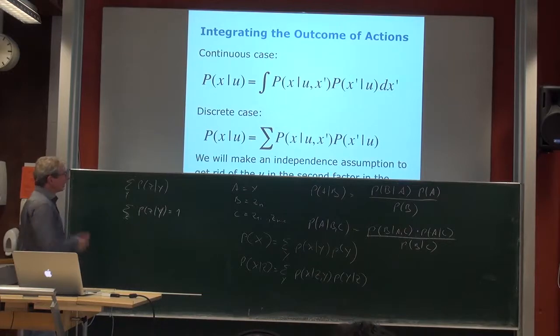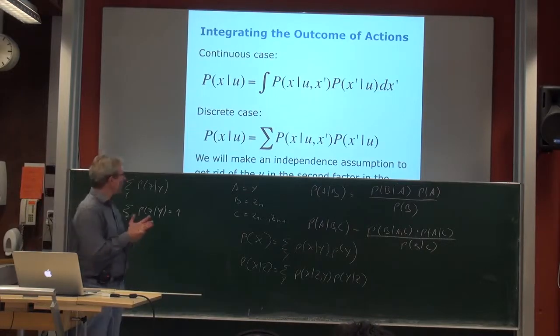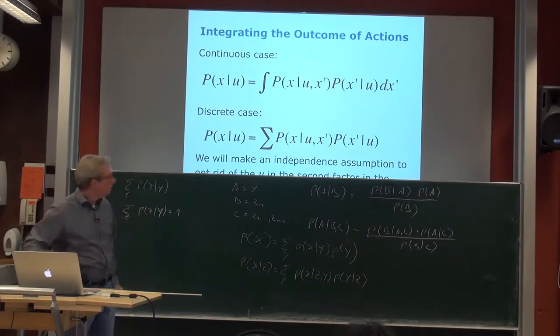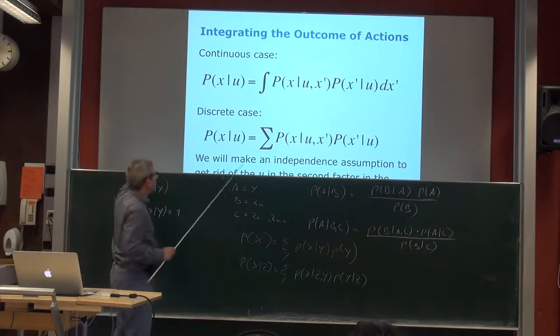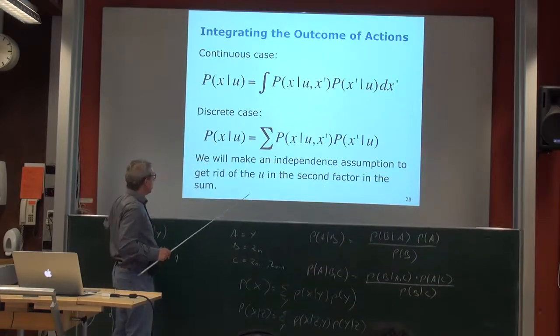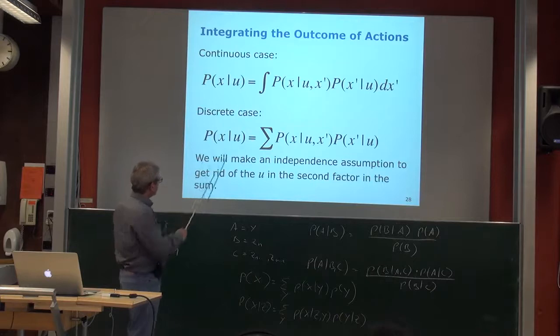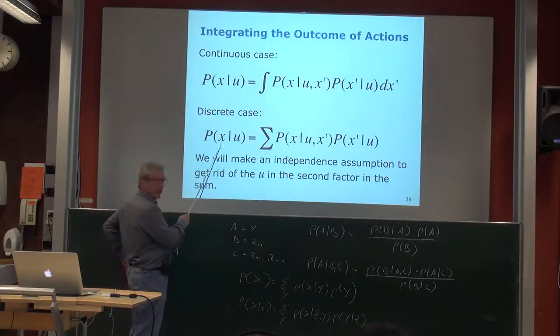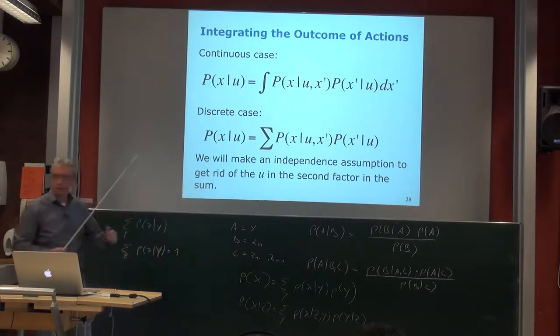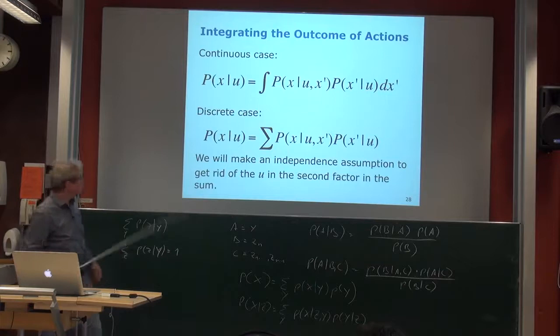The interesting aspect now is, let's assume that this is what we did. We executed. We are interested in the state of the door being x, and the action u having been executed by the robot.